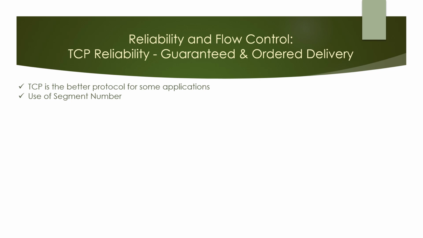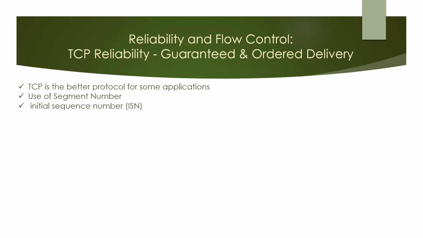The sequence number represents the first data byte of the TCP segment. During the session setup, an initial sequence number is set. This initial sequence number represents the starting value of the data bytes that are transmitted to the receiving application.